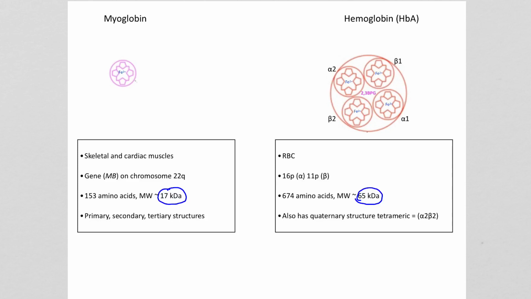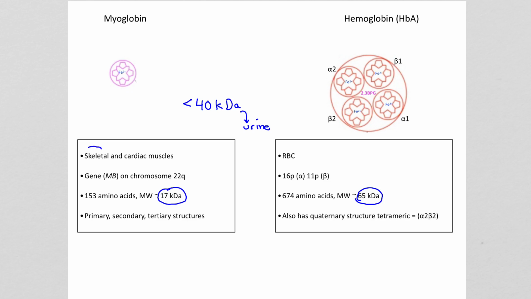Clinically, this is important because, as you remember, anything less than 40 kilodaltons can escape into the urine if it is found in the bloodstream in excessive amounts.